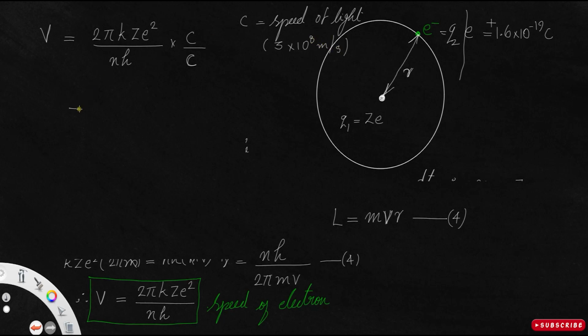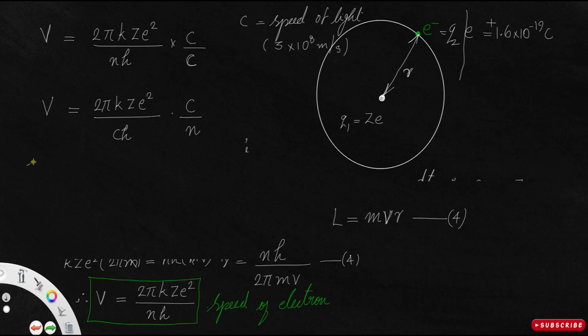So I can write this as 2 pi kz square by ch, into c by n. Clear? This equation doesn't change because I'm multiplying both the numerator and denominator with c.